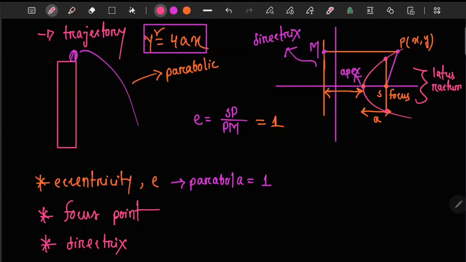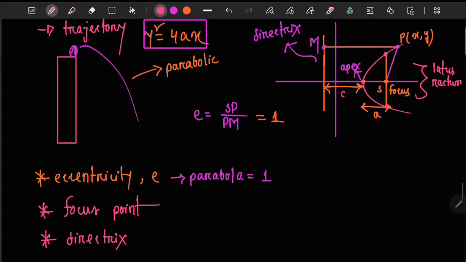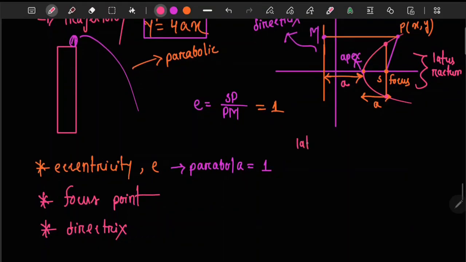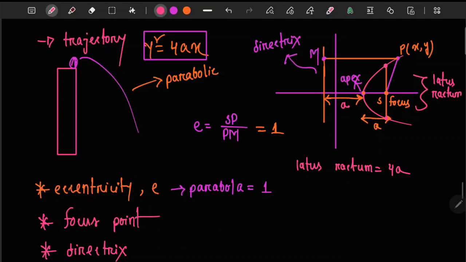I hope the spelling is correct. And this distance is equal to A. So what is the value of the latus rectum? Latus rectum is equal to 4A. So that's the very first basics of a parabola.